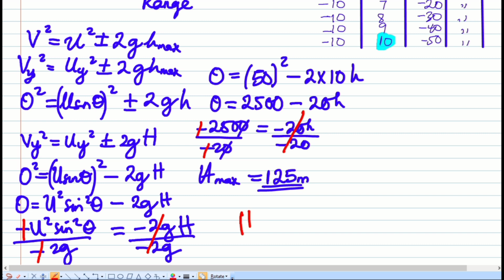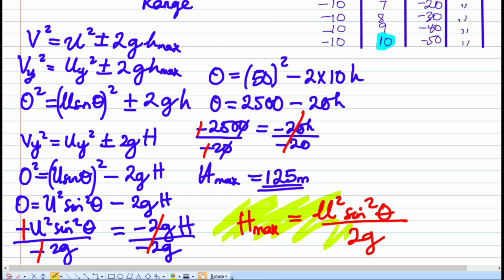So we have the formula for our maximum height, h max, equal to U squared sine squared theta all over 2g. And this is the formula you need. This is the formula to get the maximum height of a body that is in projectile motion.